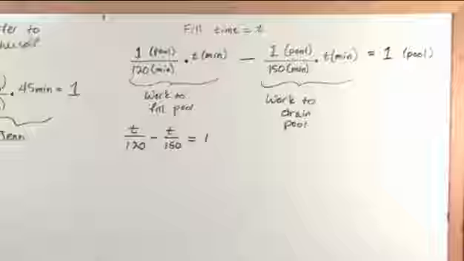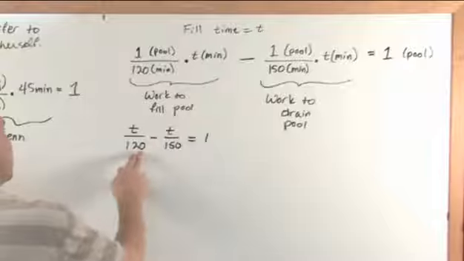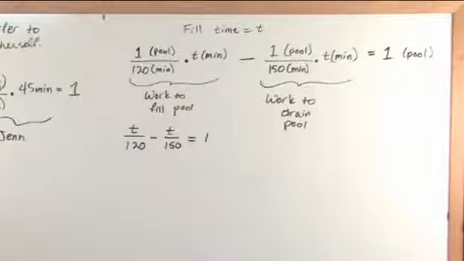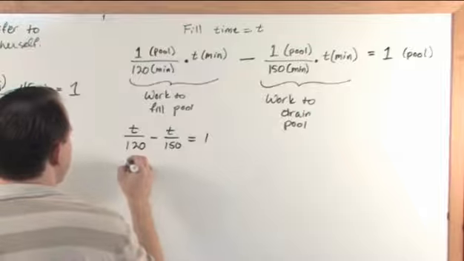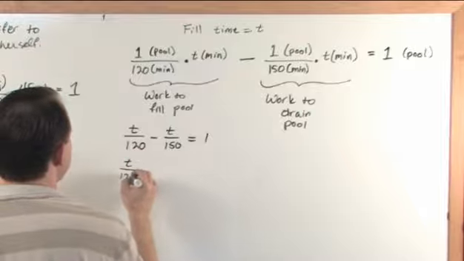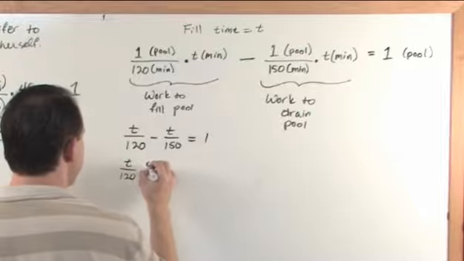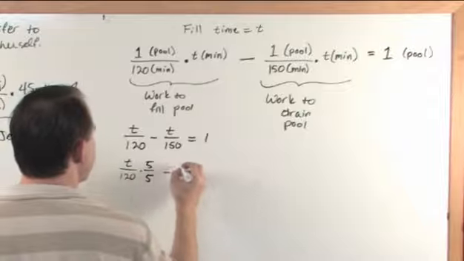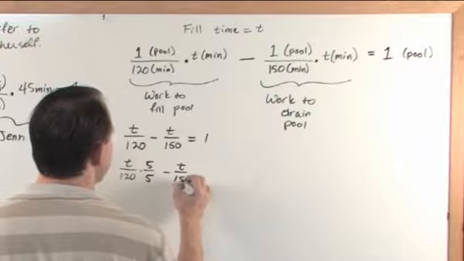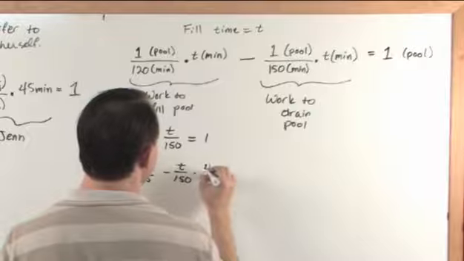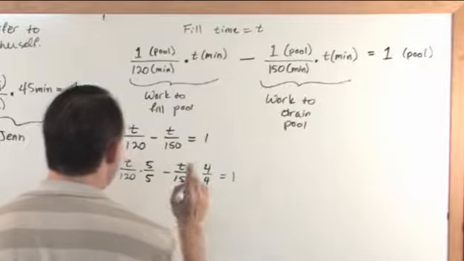And from here on out, it becomes the same kind of problem. I need to find a common denominator. But let me show you something here. If I were to take t over 120 and multiply it by 5 over 5, and if I were to take t over 150 and multiply it by 4 over 4, what would I get?